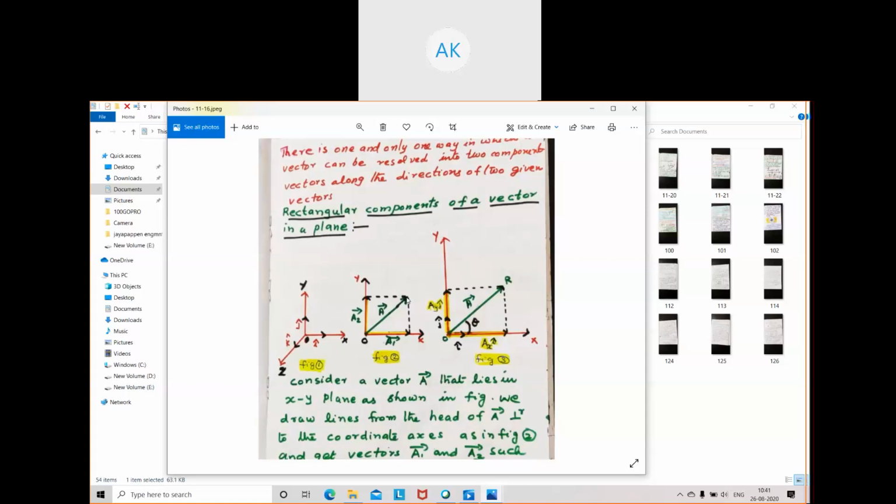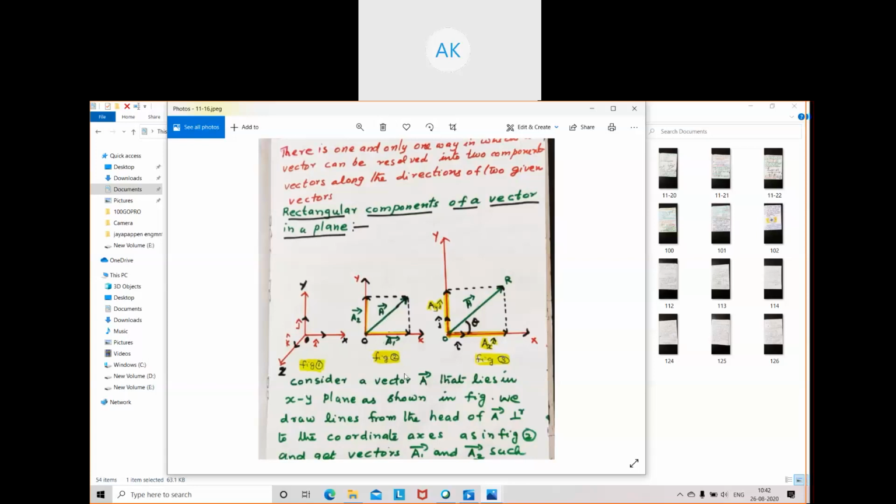Next, the perpendicular to the y-axis gives the component of vector A along the y direction, which we represent with vector A2. Now we have two components, vector A1 along the x direction and vector A2 along the y direction. So you can write vector A equal to vector A1 plus vector A2.